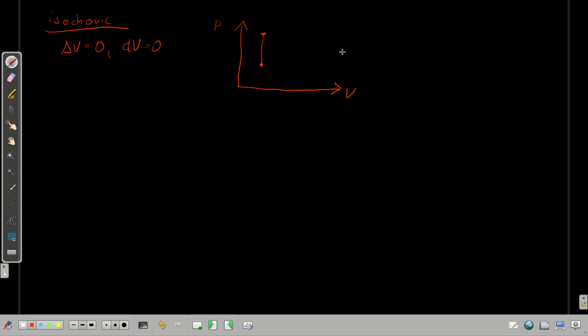This already means that the work is 0, because we have found the expression for work: the infinitesimal change of work is PdV. dV is 0, so the total work is also 0. But this, on the other hand, means, if we remember our equation dU equals dQ plus dW, since dW is 0, it is only dQ.